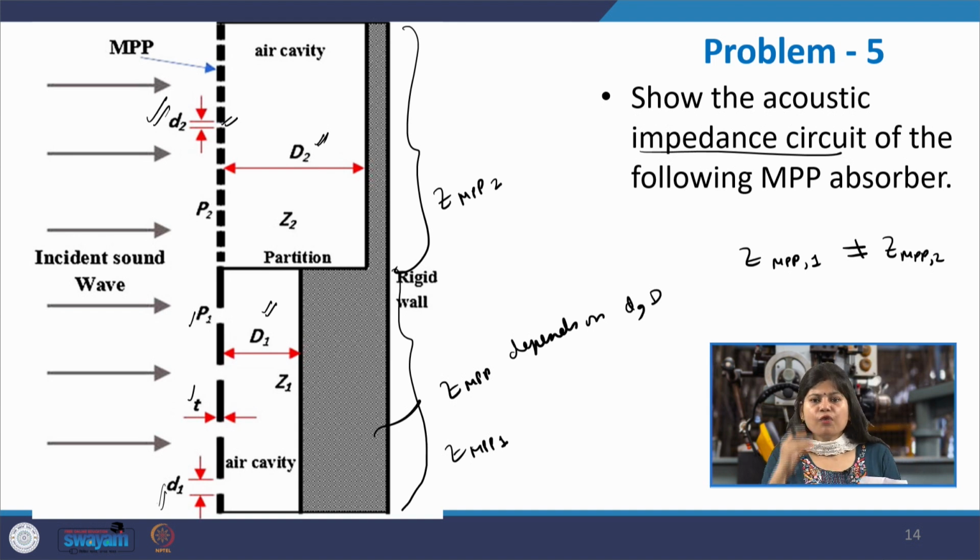So, for each of these parallel MPP absorbers, the panel and the air cavity depth are in series. Here in this case this panel and this air cavity are in series, and in the same way here this panel and this air cavity depth are in series, but the two absorbers are in parallel.